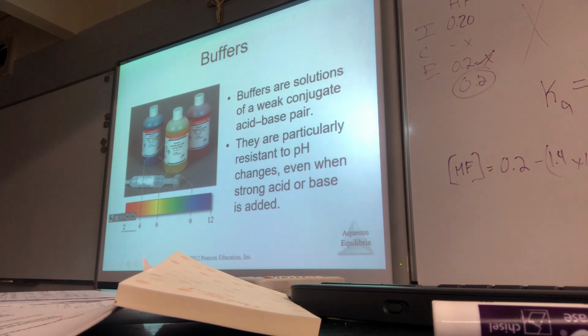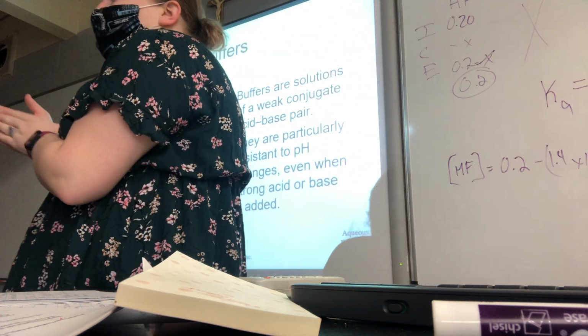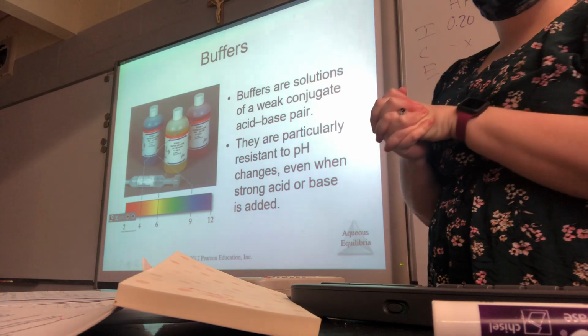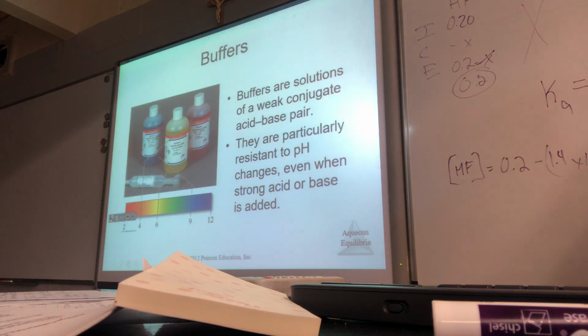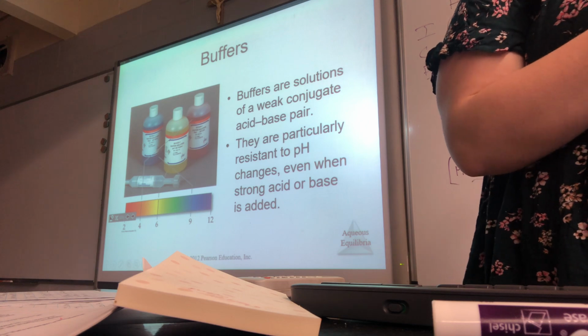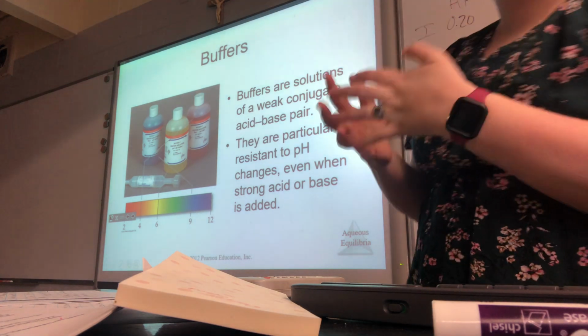All right, our next shortcut that we're going to introduce is a buffer situation. Buffers are things that keep pHs within a certain range. If we are doing a type of chemistry that must happen within a certain pH range, we tend to create buffer solutions to monitor or create that situation.